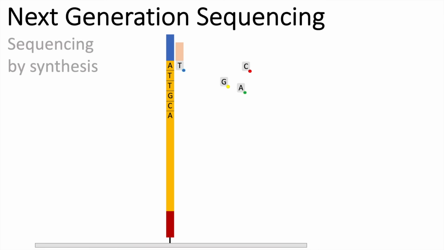The fluorescently labeled T will then be excited by a laser and the fluorescent signal is obtained. This is done with a color code, so we know that in this case blue is T. In the next case, the A will join.